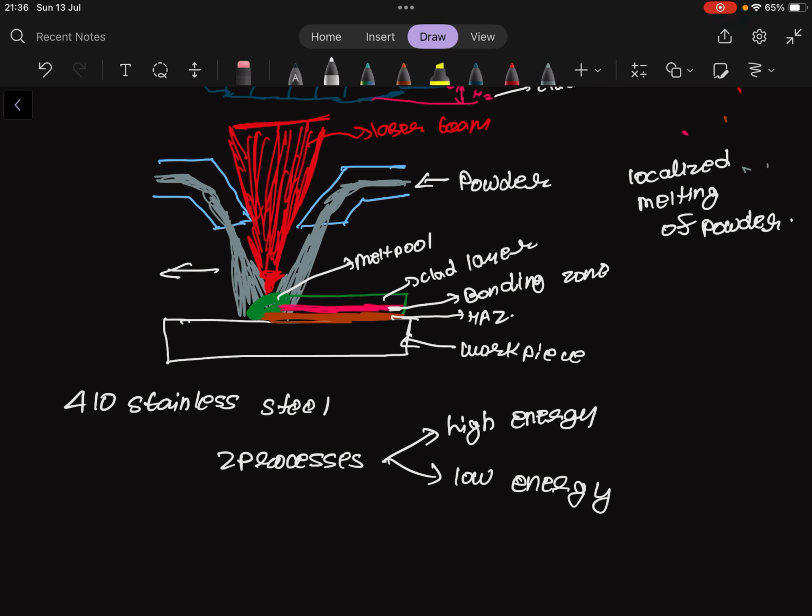For both the high energy and the low energy process, the interface is very smooth, so we don't see many cracks or pores.